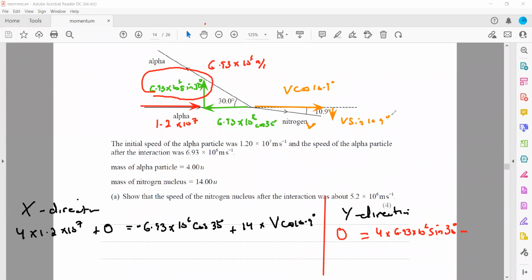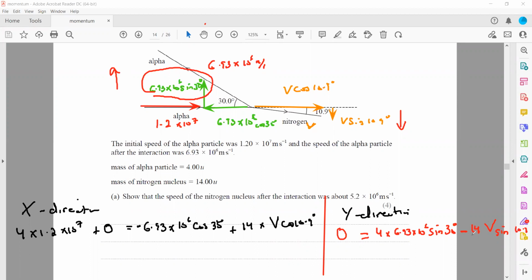For nitrogen it is down, and for the alpha particle the vertical component is up, so they are in opposite directions. So the mass is 14, and the speed at which it moves we don't know, so we call that v.